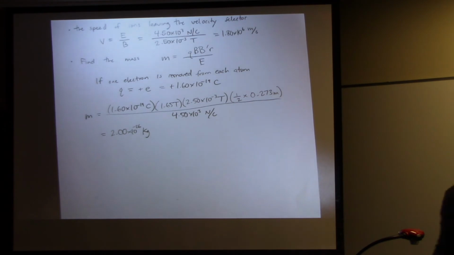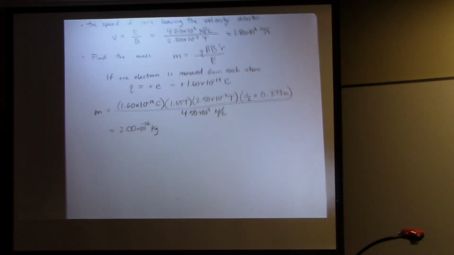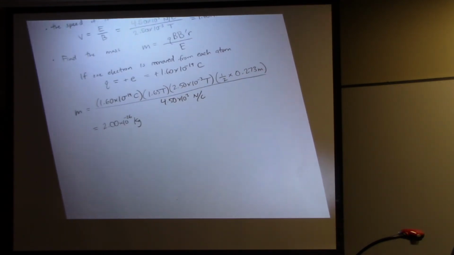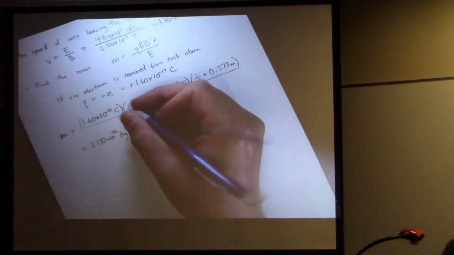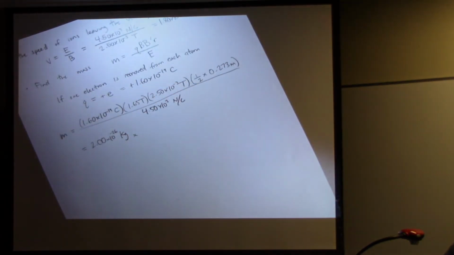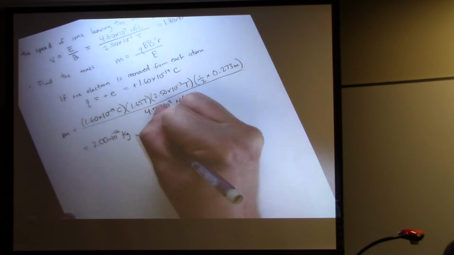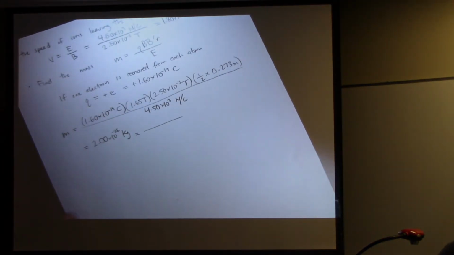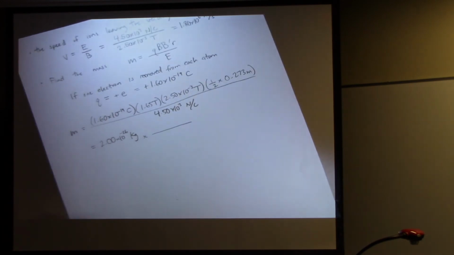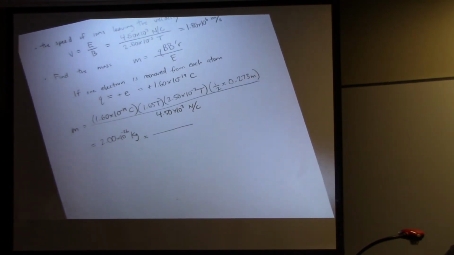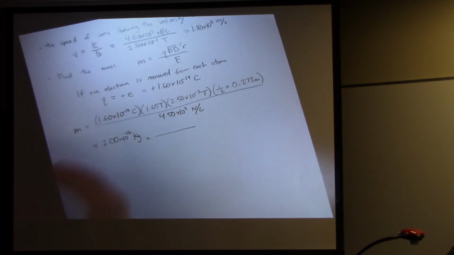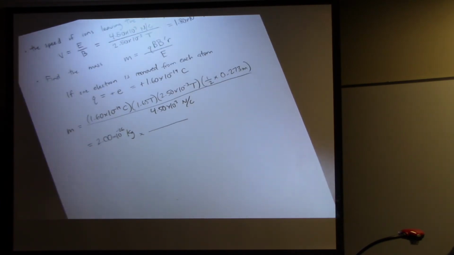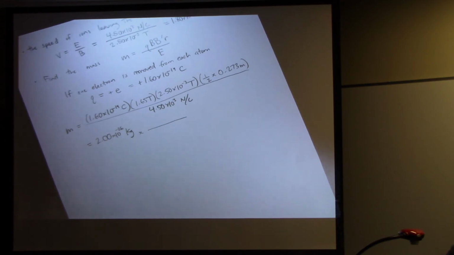Okay, so kilograms, that's a fine way of talking about mass. I actually want us to do a quick unit conversion here. And we're going to get this into something called atomic mass units. So let's explain what's going on here a little bit. So an atom is a collection of protons, neutrons, and electrons.